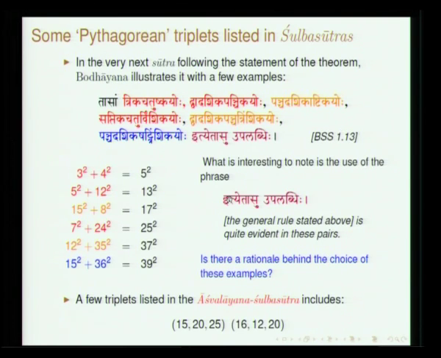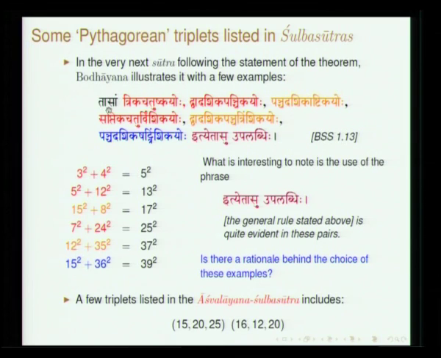Soon after giving the theorem, Dirgha Chaturashrasya Akshnaya Rajjuhu, Bodhayana in the very next sutra gives several triplets. Here is the sutra: Tasam Trika Chatushkayo, Trika is 3, Chatushka is 4, so one triplet is 3, 4, 5.